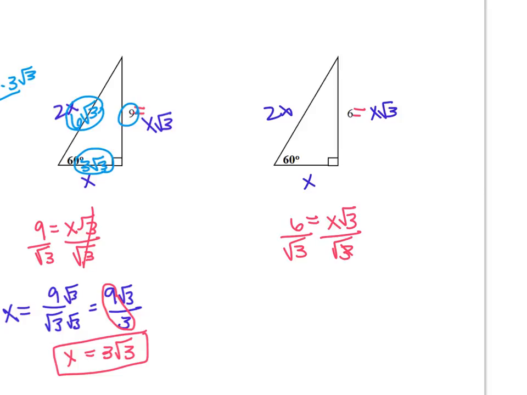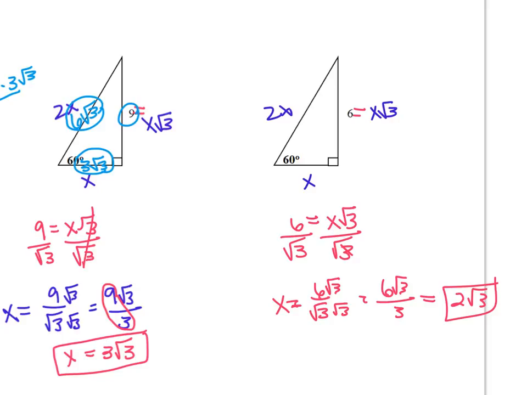So we have x equals 6 divided by the square root of 3. Go ahead and rationalize it, giving us 6 square roots of 3 over 3. And then we can divide the 6 and the 3. 6 divided by 3 is 2 square roots of 3. So there's our x value.